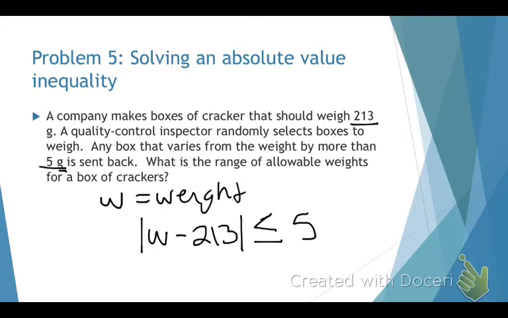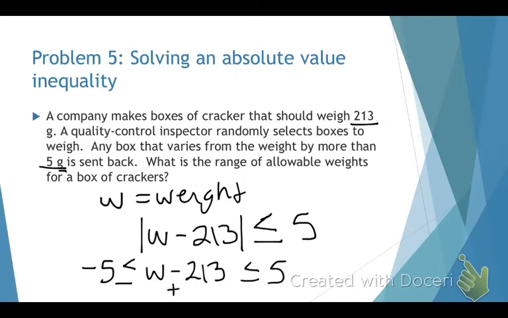Now again, because I have a compound inequality coming up here, I need to think about which way my symbols are facing and what that tells me about how to write my compound. This is going to be a compound as if it was an and statement. So my inequality becomes negative 5 is less than or equal to W minus 213 is less than or equal to positive 5.